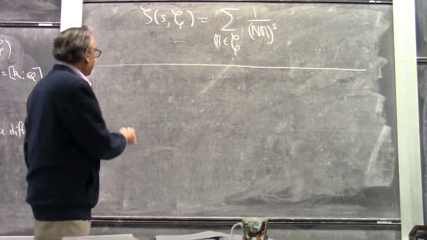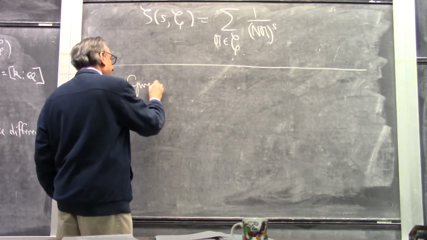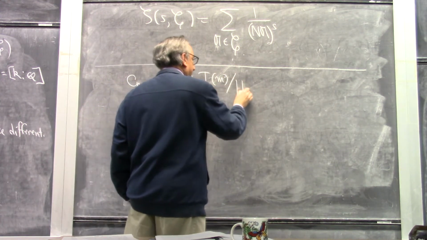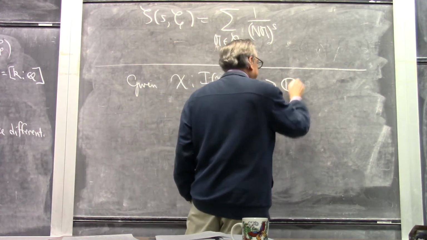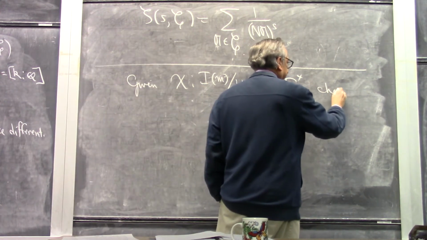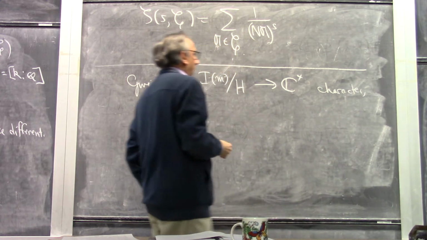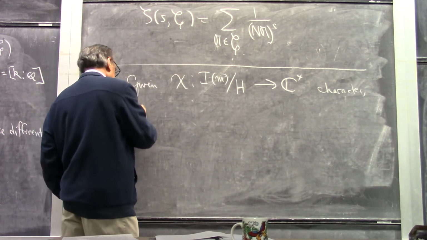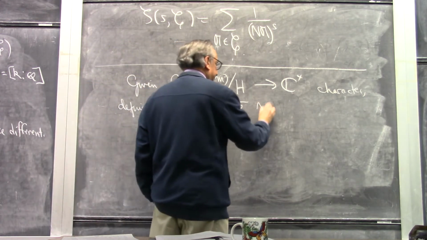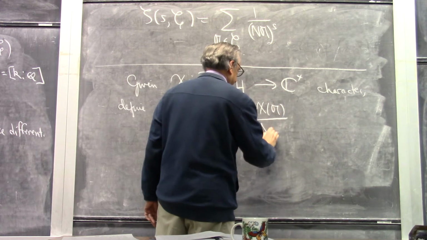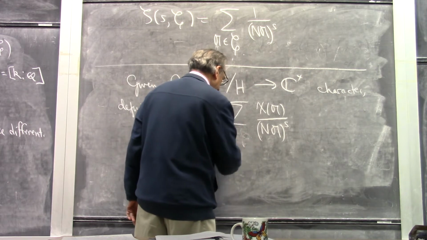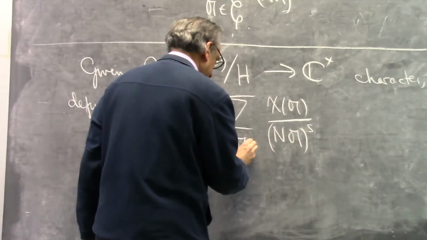So the L function: given a character of one of these generalized ideal class groups, like a homomorphism character, we define L(s, chi), where A runs over all non-zero ideals.